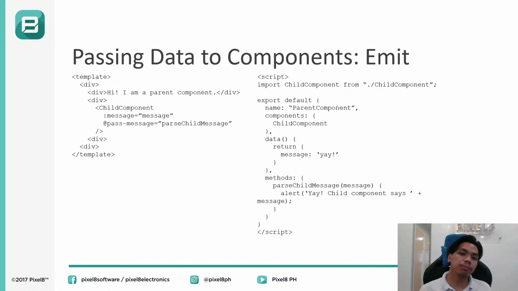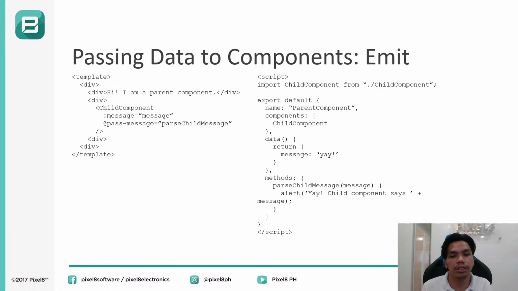That method contains a parameter named message, meaning whatever the child component passes in the emit gets stored in the message variable. Whether it be an array, an object, a string, a number, or whatever, it gets stored in that variable.